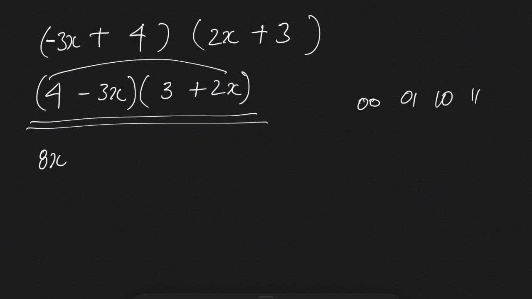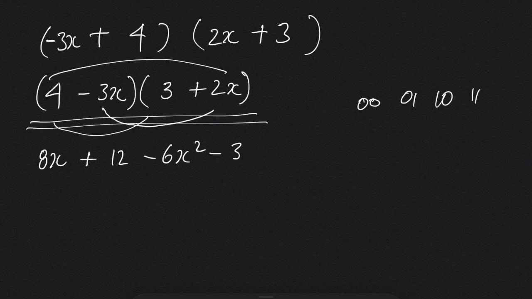If we check this, we can say that out, out would be 8x. And we want to say that out, in would be plus 12. In, out would be negative 3 multiplied by 2x, which would be negative 6x squared. And in would be minus 3 multiplied by 3, which would be negative 9x.